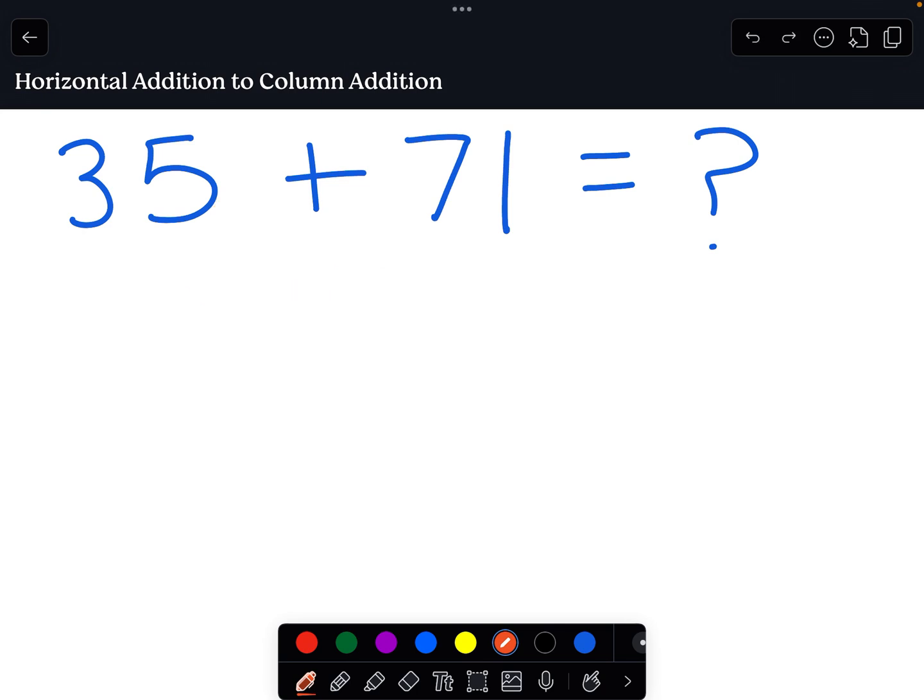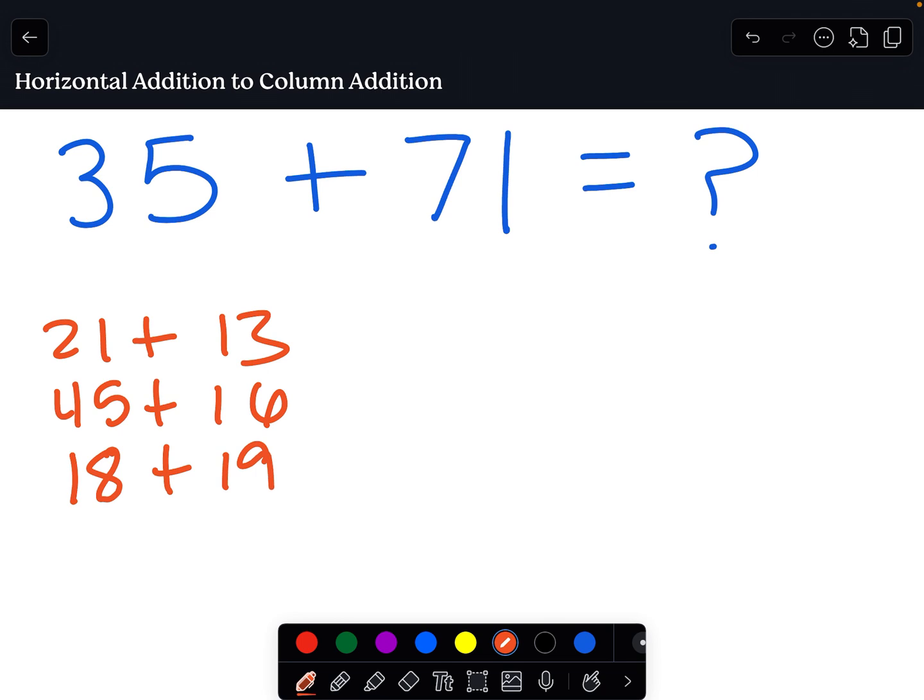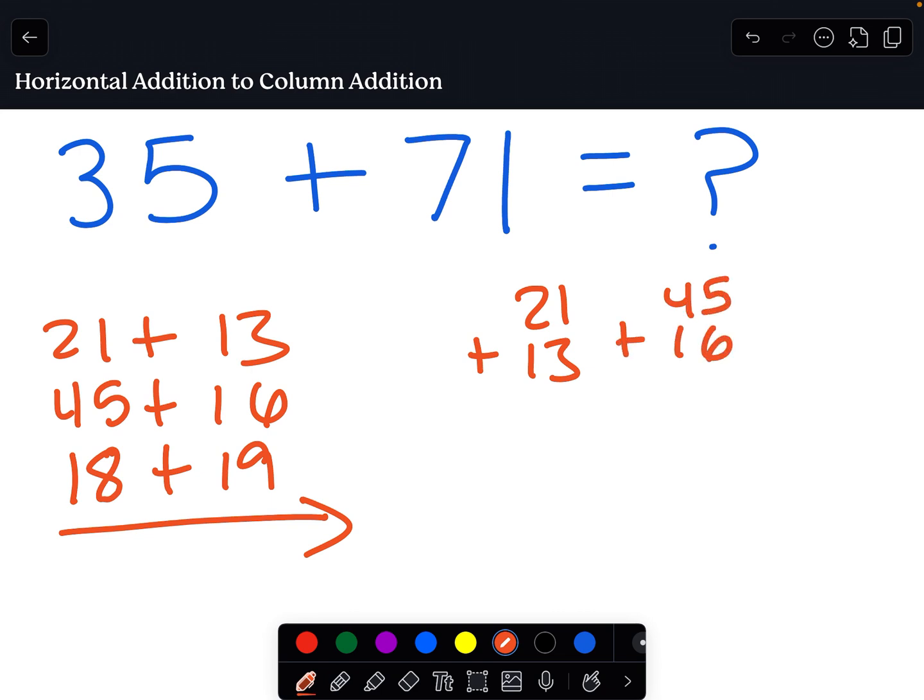And so what we're talking about today is changing an equation that is written from left to right, in this case 35 plus 71. And when I mean left to right, I mean 21 plus 13, 45 plus 16, 18 plus 19. You see how it's going from left to right rather than up and down?